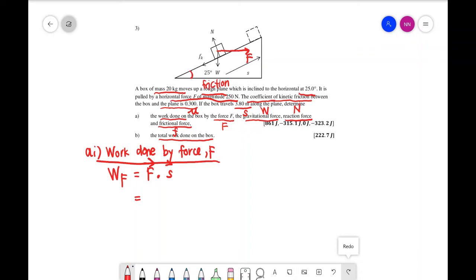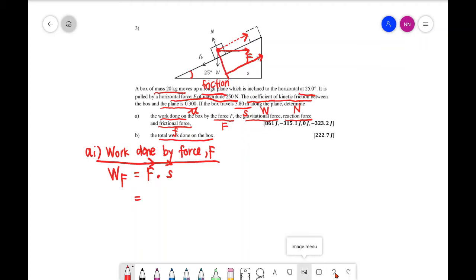The box moves up the plane from here to here, so this is the displacement S. F is not parallel to the displacement, so the component of force which is parallel to displacement is this one. So we have to resolve.